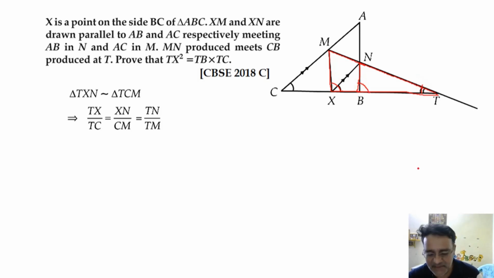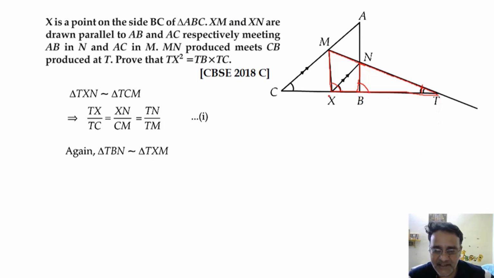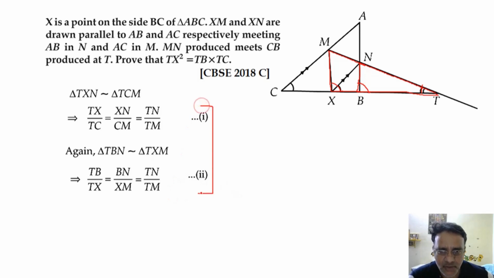So by AA similarity, these two triangles are also similar. Now look at its corresponding sides. TB upon TX is equal to TN upon TM, and BN upon XM. Let it be equation number 2. Whether these two equations are clear?